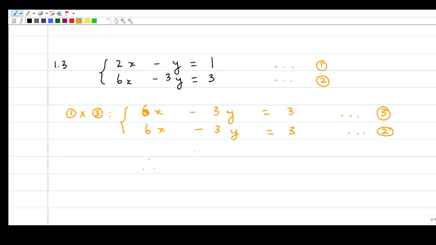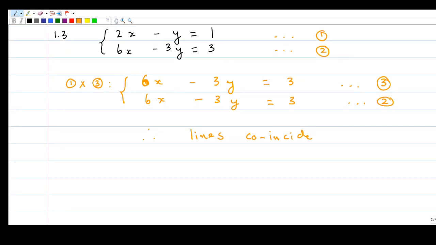So therefore, lines coincide. There are infinitely many solutions.